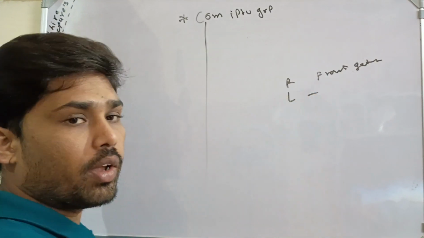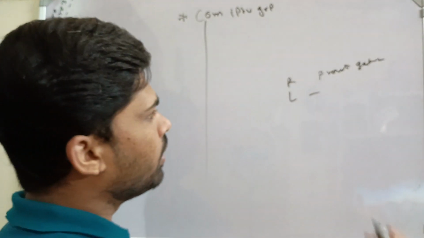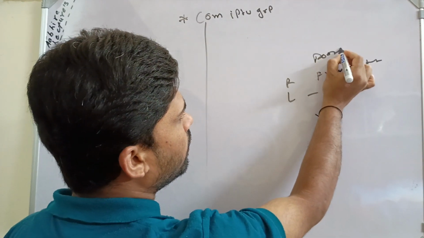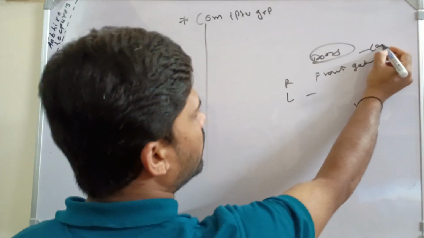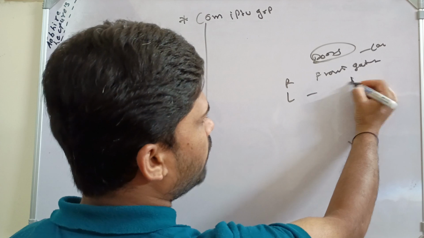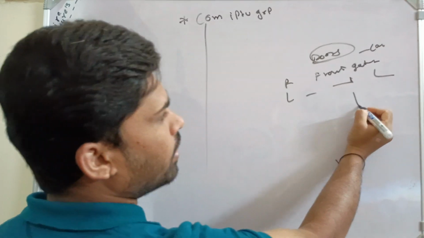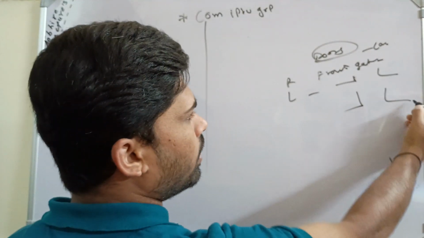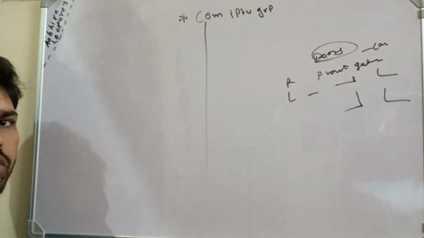While we are going to configure some doors, in a car there are four doors, right? Left side, right side, back left, and back right. Correct, right?